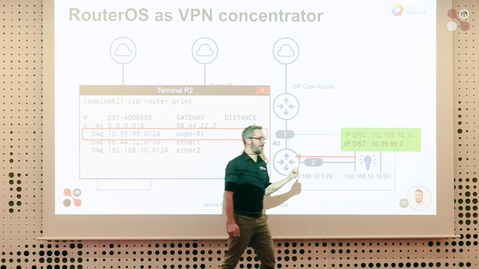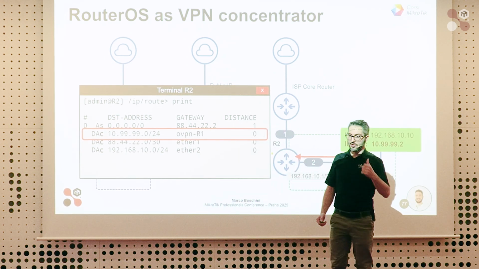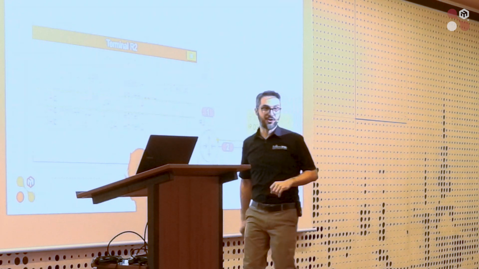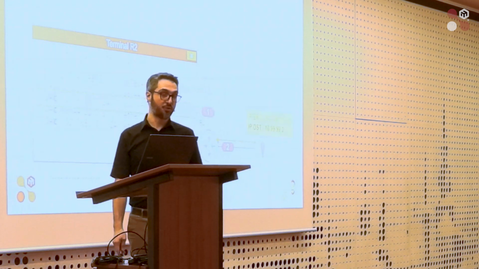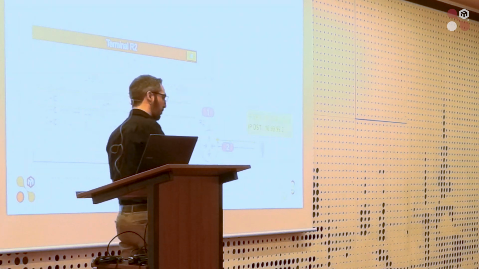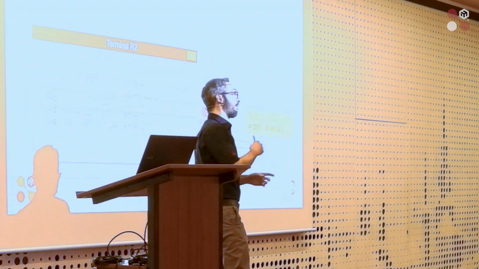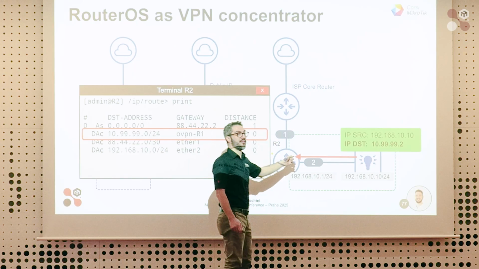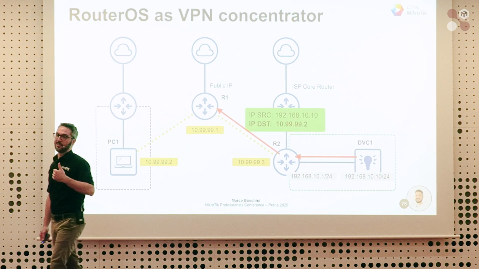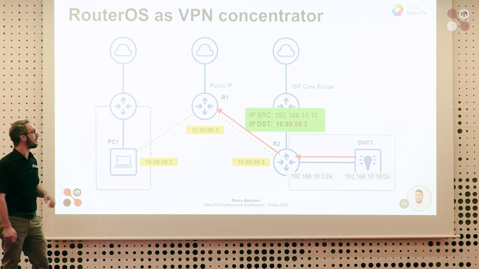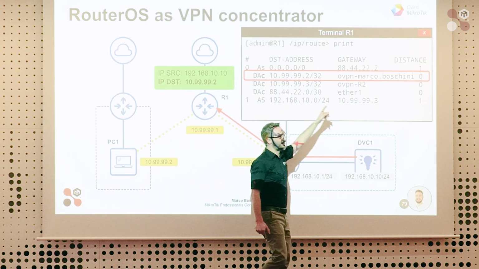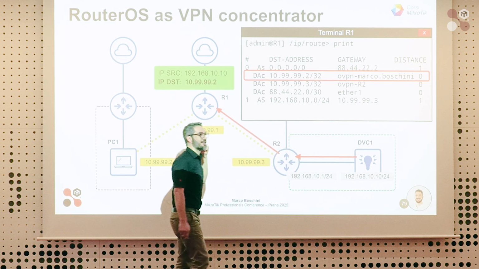The device checks the source IP address to respond back, and this address, 10.99.99.2, is not inside its network, so it chooses to send the packets to the default gateway, and the default gateway is the OpenVPN client, and the OpenVPN client can send back the packets to router 1, the main router. Router 1 knows the routes to send back the packets to the original sender.